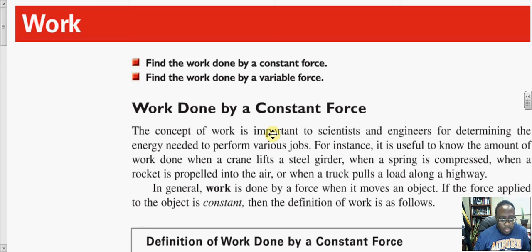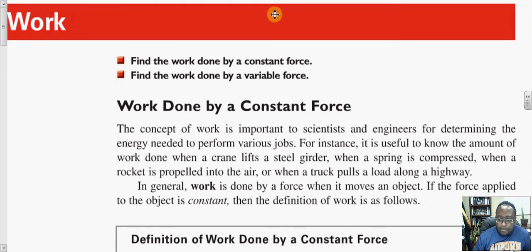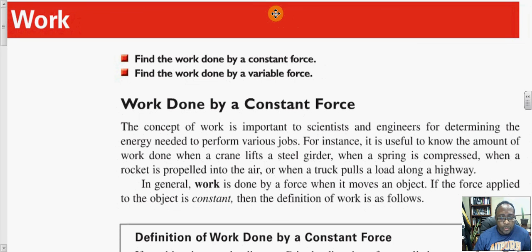Talk about work. We want to be able to calculate the work done by using the force, whereby the work, according to physics, is equal to the force times the distance by which that work has intervened or traveled.